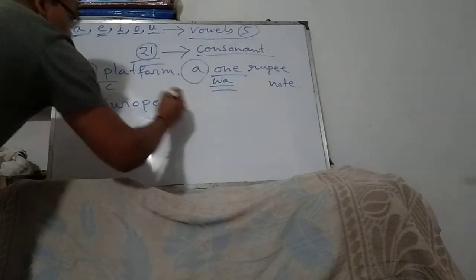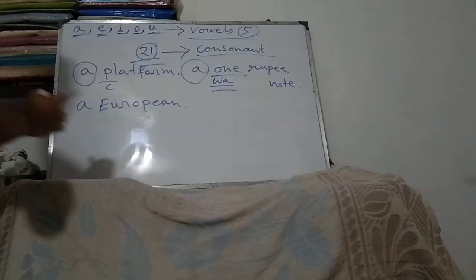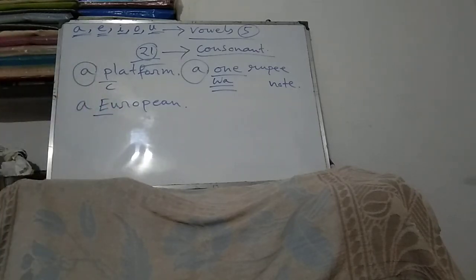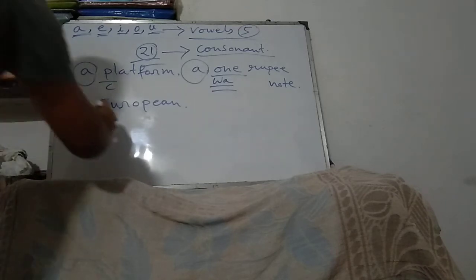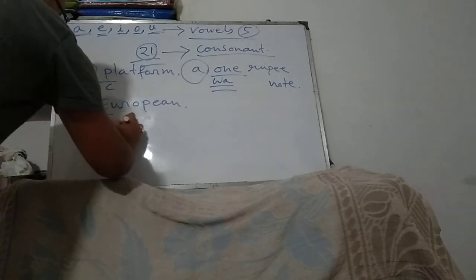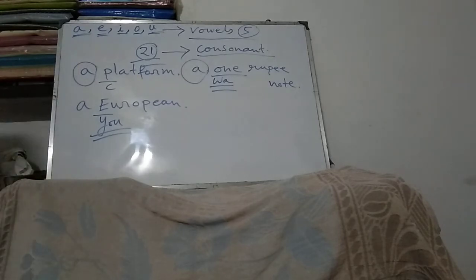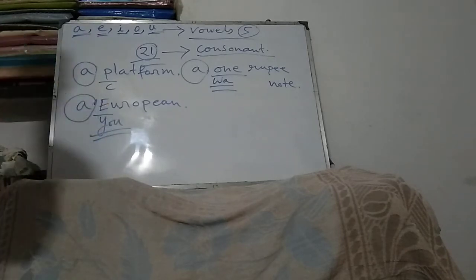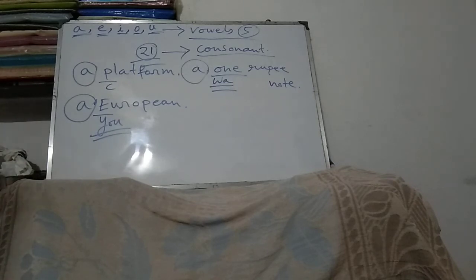A European. Here E, though it is actually a vowel, is pronounced like EU, as in European. That's why the article A is used before this word.